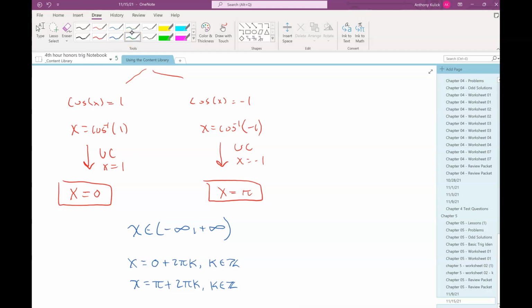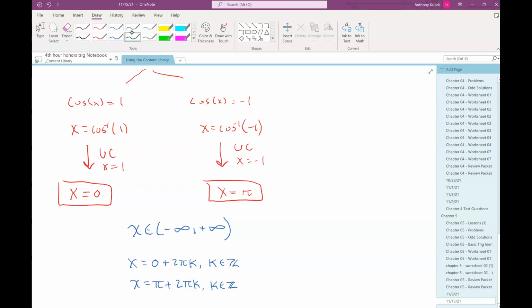Does anybody notice anything about these two solutions? Well, the first set of solutions is like 0 pi, 2 pi, 4 pi, 6 pi, 8 pi, 10 pi, etc. The second set is like 1 pi, 3 pi, 5 pi, 7 pi, 9 pi, etc. What do you notice about all those solutions?